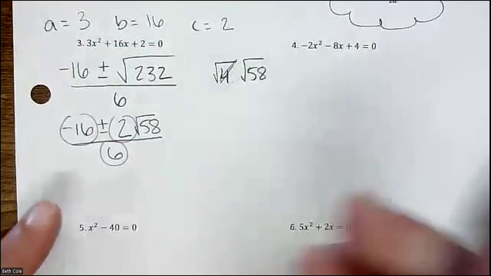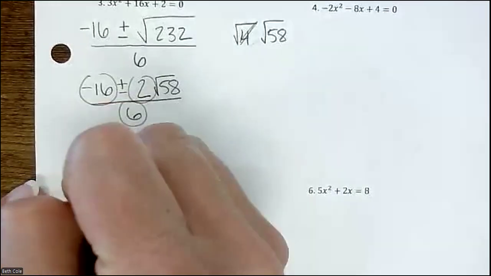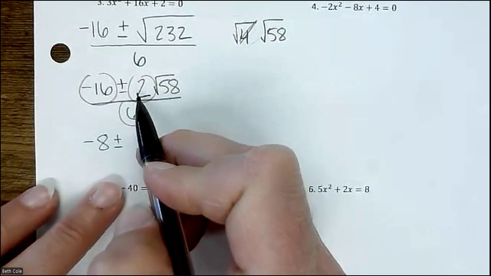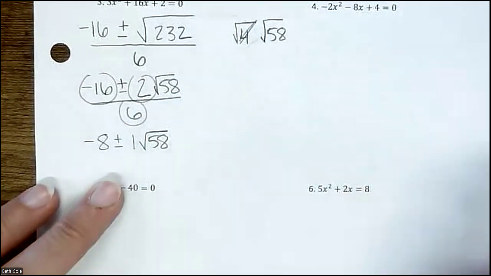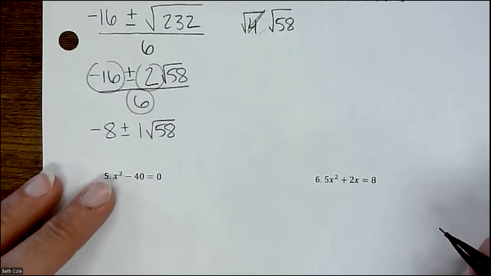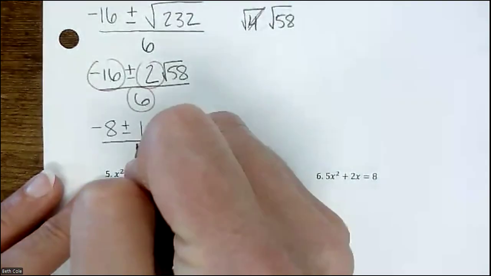So this is your last step. Give me your final answer. Negative 16 divided by 2. Good? Okay. Plus minus 2 divided by 2, 1. If you don't want to put the 1 there, you don't have to. But I didn't this morning and it bothered everybody, so I'm going to put the 1 in there. All right, over 3. Good job.